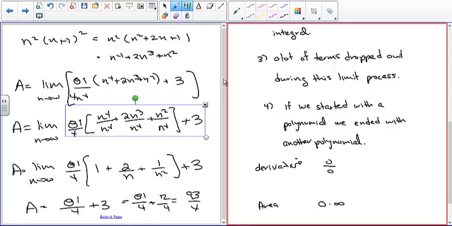We had delta y go to 0 and delta x go to 0, but the indeterminate result actually went to some finite value. In the area case, we take the number of rectangles to infinity, but we take the width of the rectangles to 0, so it's kind of 0 times infinity, which is another kind of indeterminate result. We use the limiting process to get rid of the indeterminacy, just like we use the limiting process here to get rid of the indeterminacy. So hopefully you can see the similarities between the two.